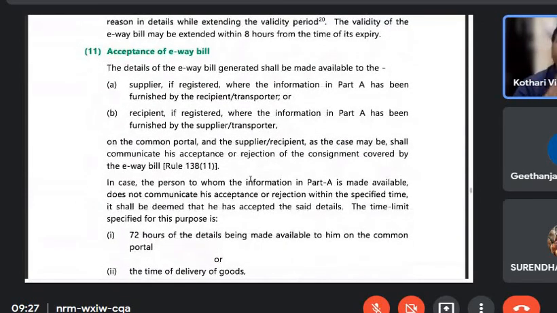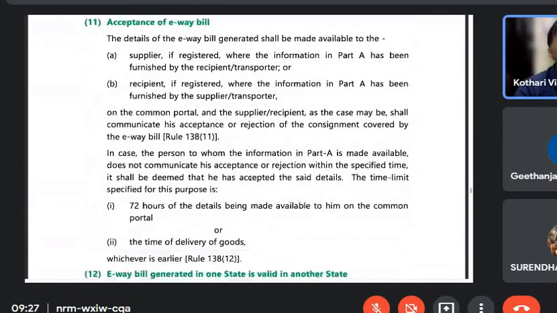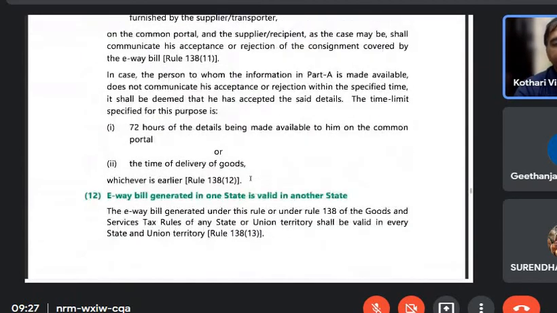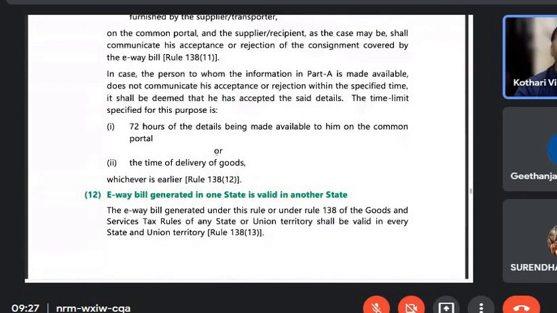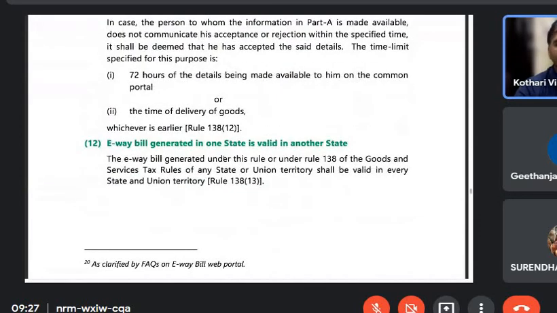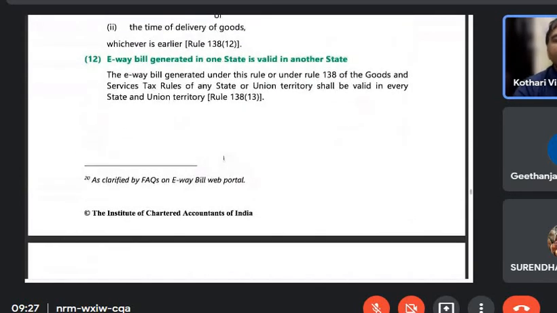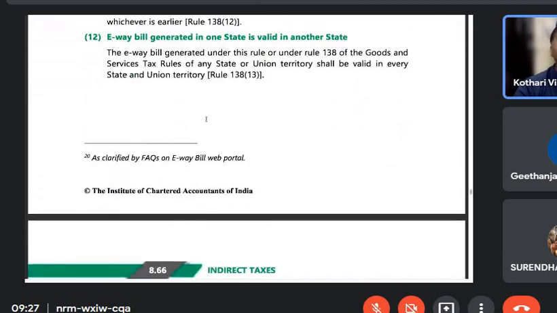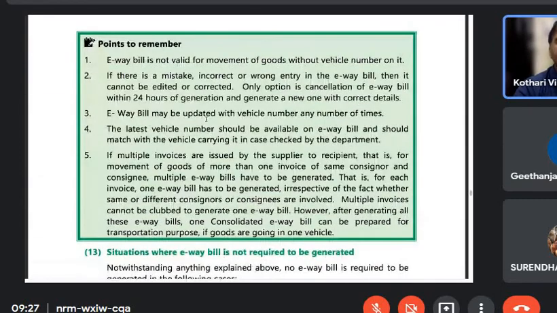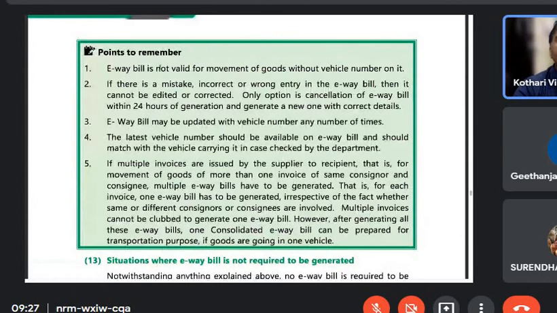And once the e-way bill is issued, it can be either accepted or rejected by the recipient within 72 hours or at the time of delivery of goods. So an e-way bill generated in one state is valid in another state. And e-way bill is not valid for movement of goods without the vehicle number on it.